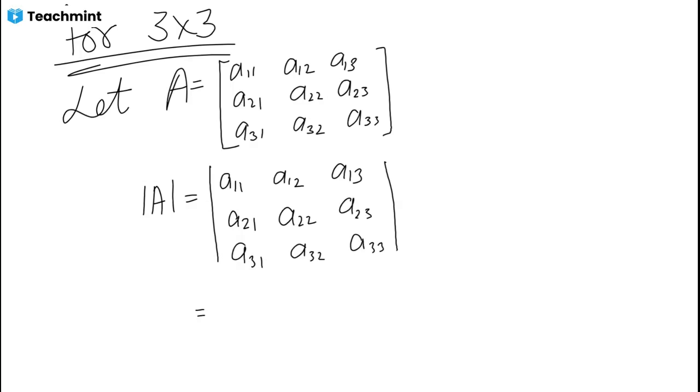So to find determinant of this matrix, take the first element A11. This is the element of first row and first column. So leave the elements of first row and first column and write down the remaining elements in the form of 2 by 2: A22, A23, A32, and A33.